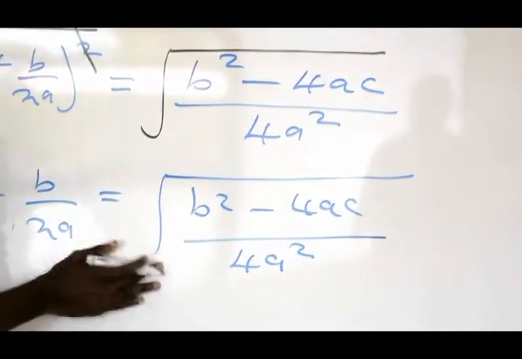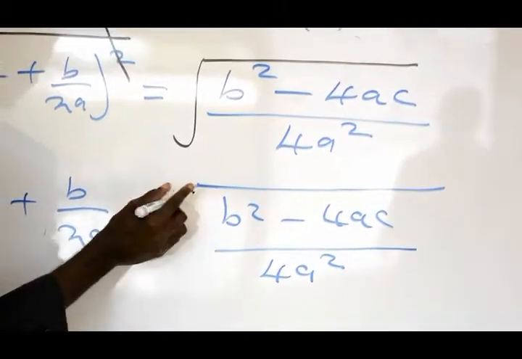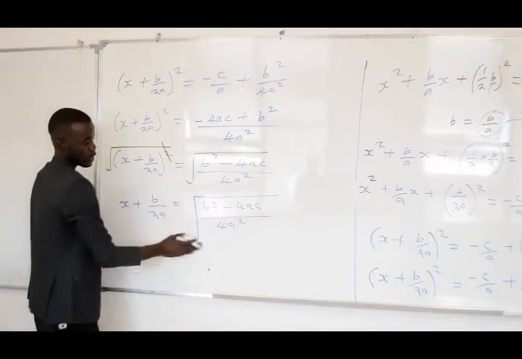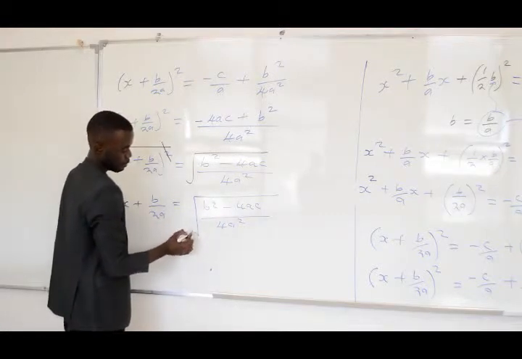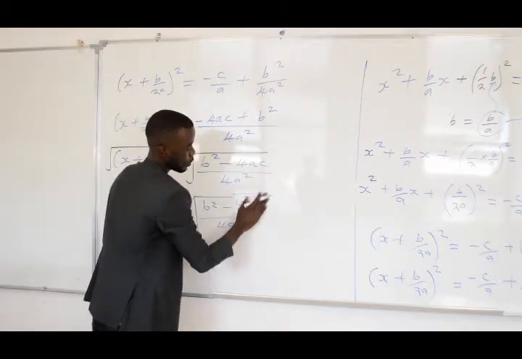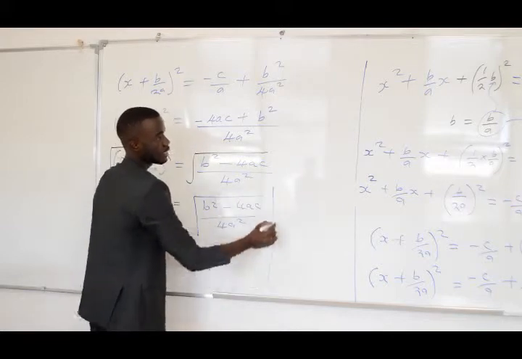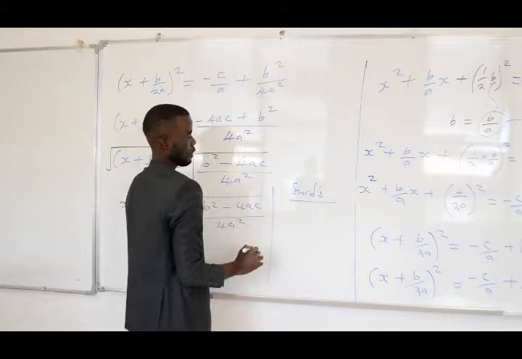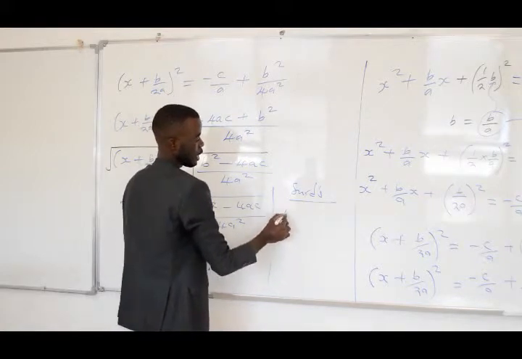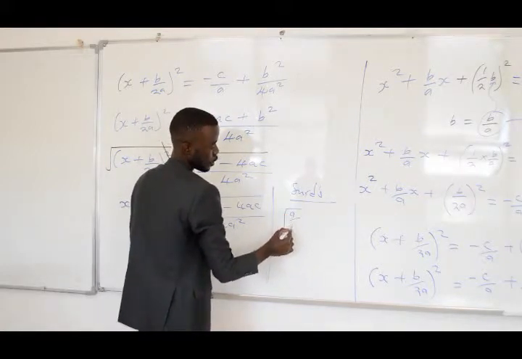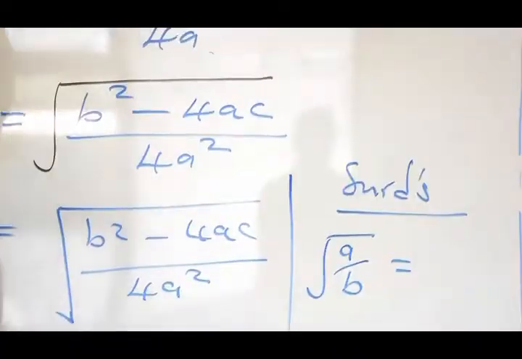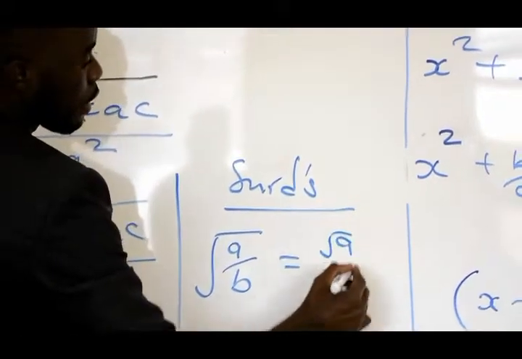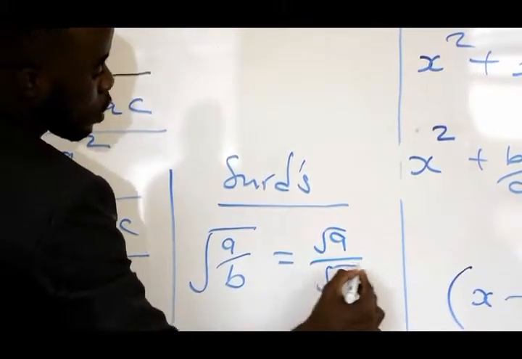But notice one thing, this square root is for both the numerator and the denominator. Now people get confused when they reach here. We know that in surds, there is a rule which says that if you have a number which is under a root and it is in fraction form, you write it as the root of a over the root of b.